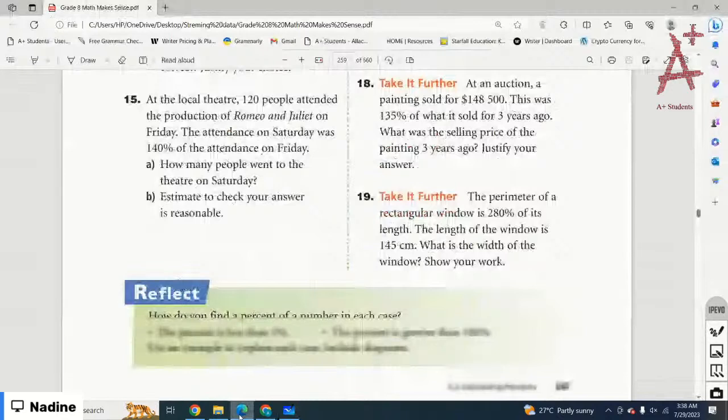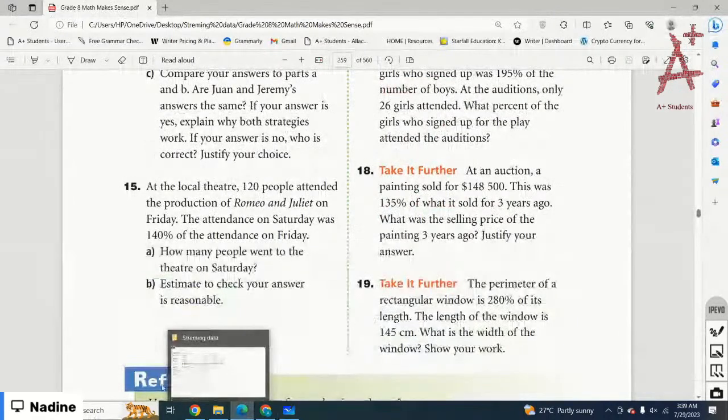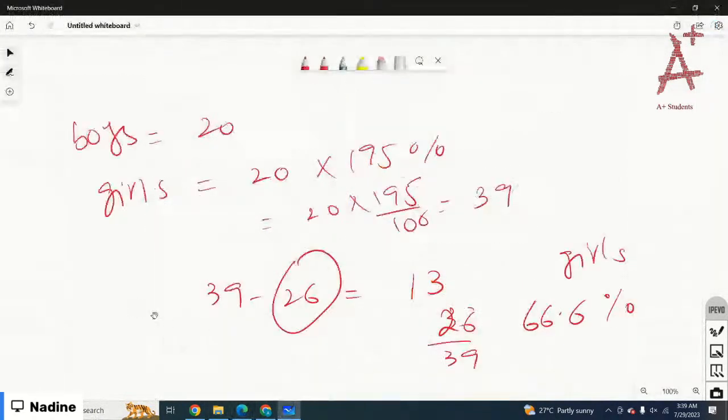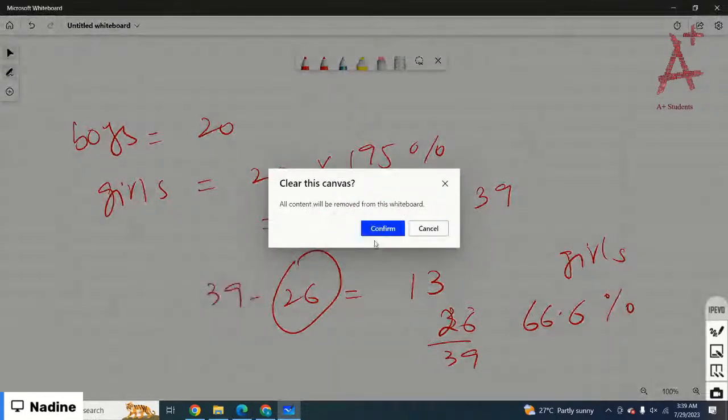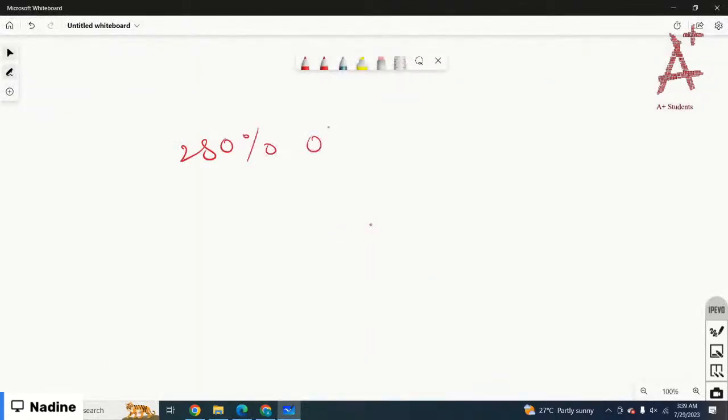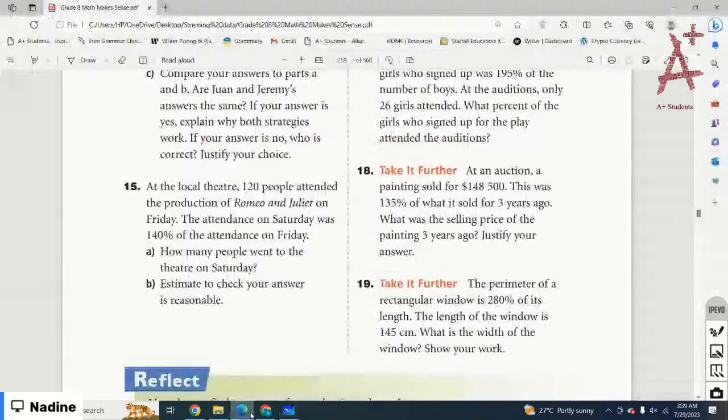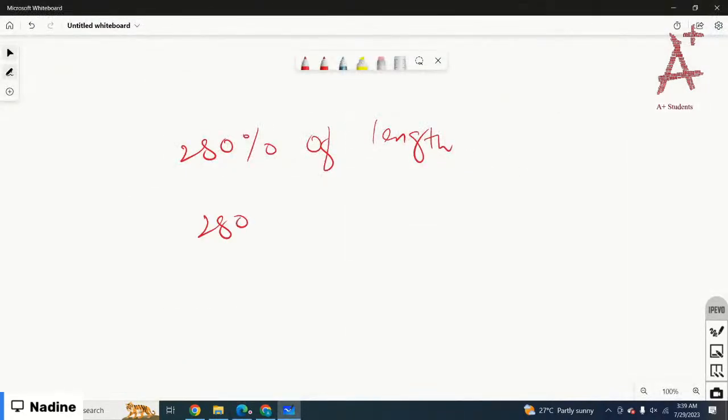The perimeter of a rectangular window is 280% of its length. The length of the window is 145 centimeters. What is the width of the window? 280% of the length, and the length you are given is 145 centimeters. So it would be 280% times 145.